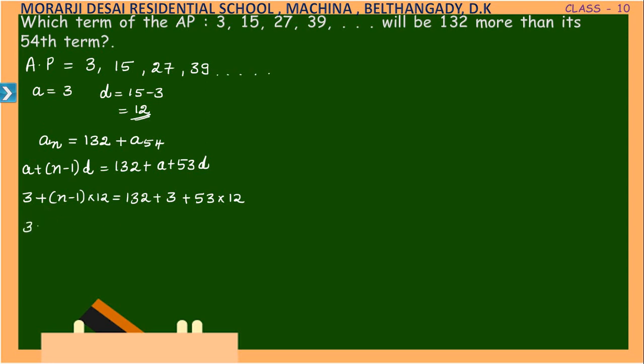that is 3 plus n minus 1 into 12 is equal to 132 plus 3, multiply this 53 into 12, that is 636.